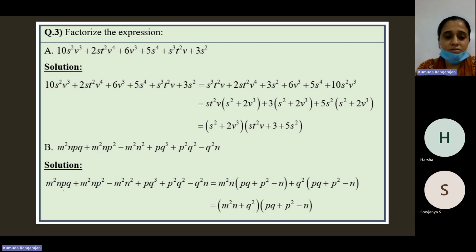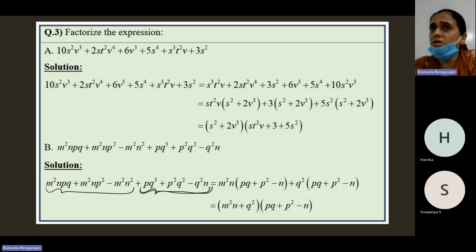In the second one, I have not rearranged. I just thought, let me try. All these have m square, in fact, and all these have p in them. Q in them. These three. Simply trying. See, there is no trick or clue. It is something like the trial and error method. You group in a particular way, and how do you make out that it's not working?